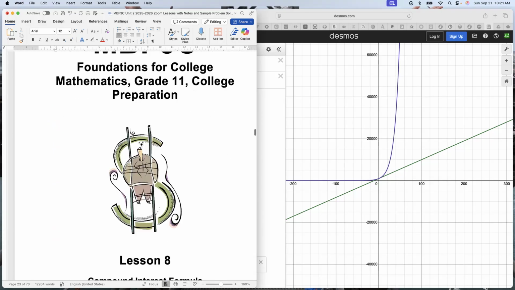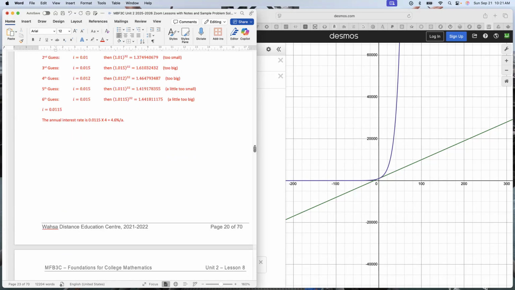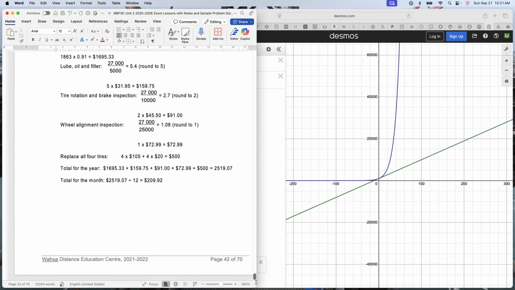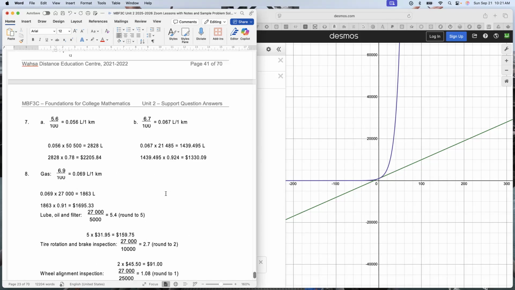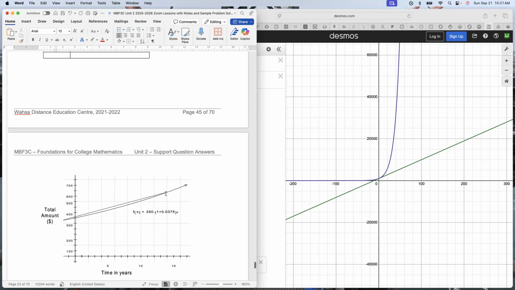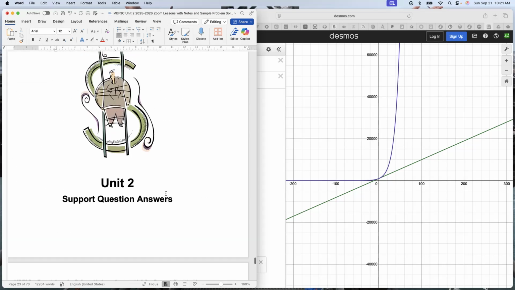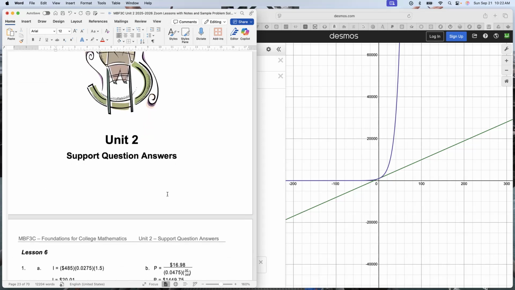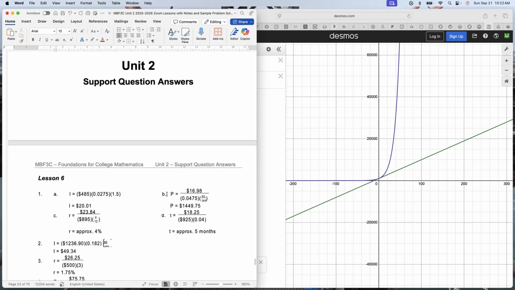Now, if you go to the end, I'm just going to grab here and come all the way down to the end here. So the support questions, you notice, right here, all the answers are provided. And not just the answer, the solutions to all of the support questions.